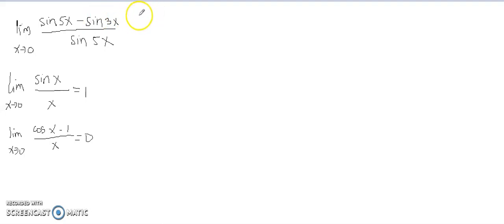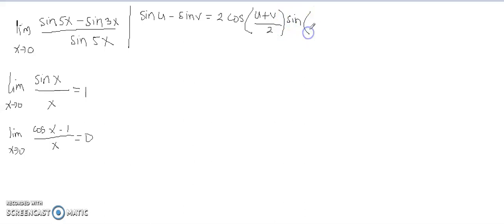So, parang identity din. That is, if we have two different angles, say sine u minus sine v, it is equal to 2 cosine of (u plus v) divided by 2 times sine of (u minus v) divided by 2.